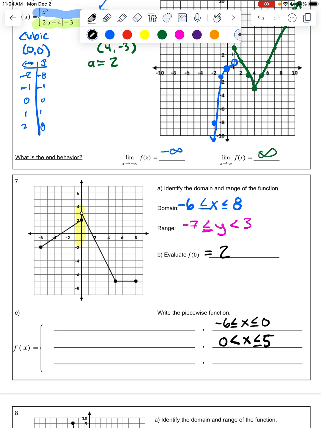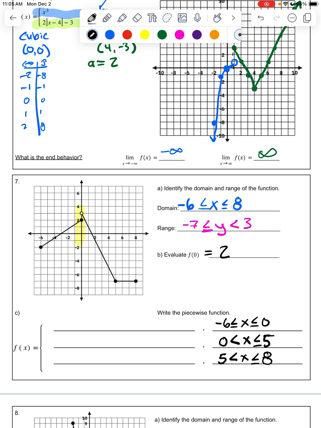And then the third one goes from an x value of 5 up until an x coordinate of 8. And because I already had 5 being defined as part of the domain of piece 2, I did not also put it as part of the domain of piece 3.